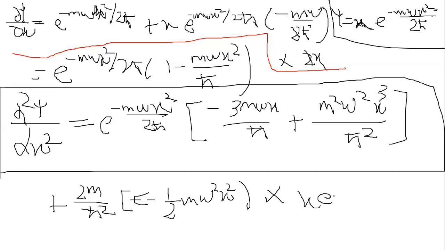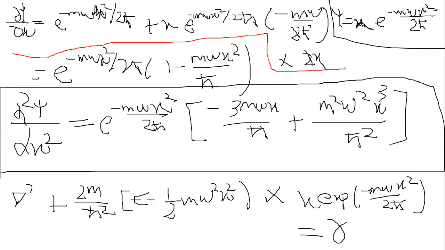Psi is x exponential minus m omega x square by 2h cross. So here you can see this term, minus m omega x square by 2h cross, is common. So when you put it here in del square psi, this term we can take common.